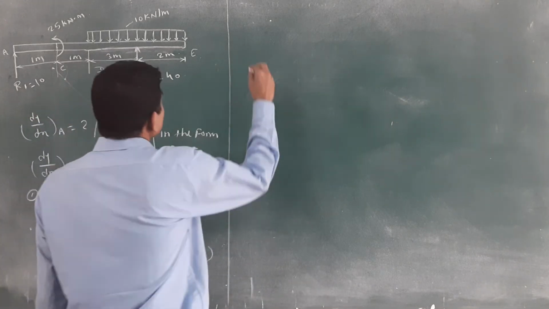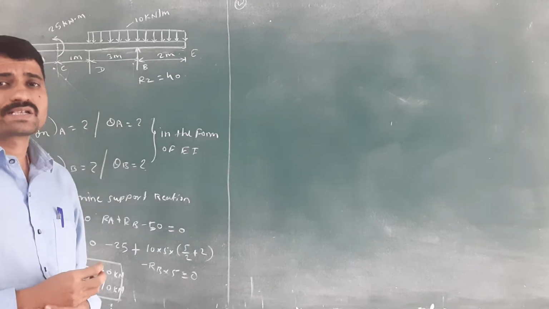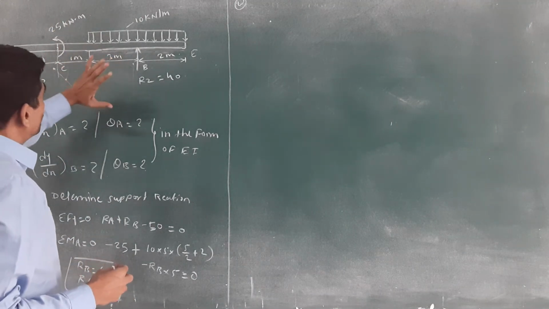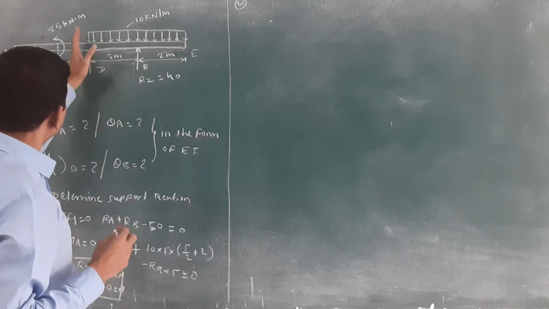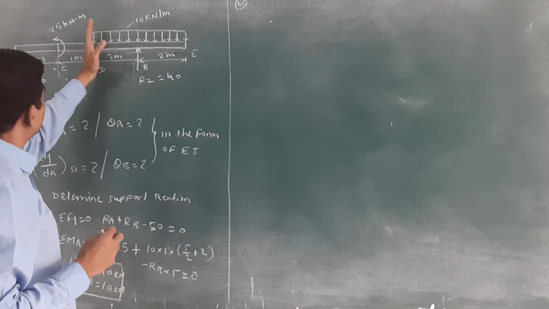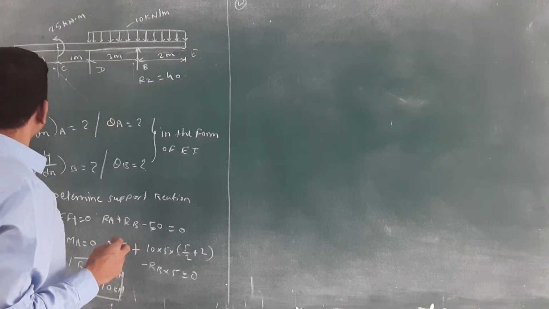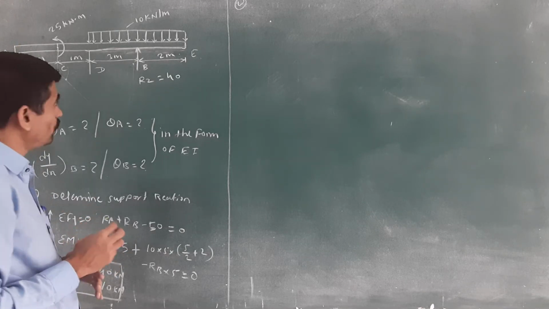Then what is the second step? You have to consider the section XX at a distance x from the left end. See guys, the Macaulay method has some limitations. You have to check where the UDL is. If the UDL goes up to the last end, then you have to consider the section on that side.